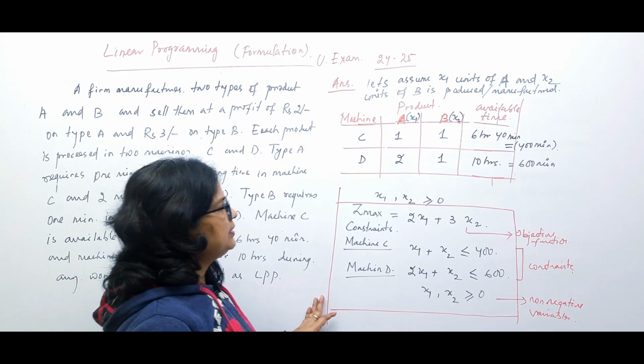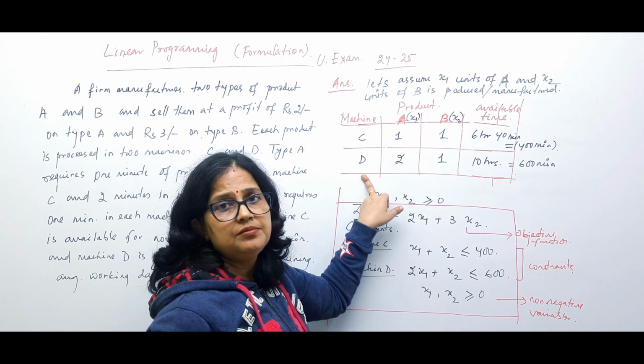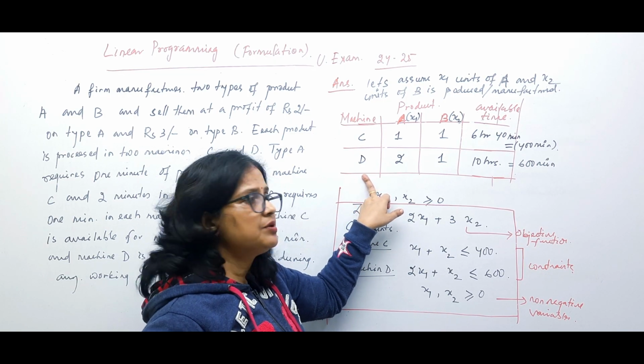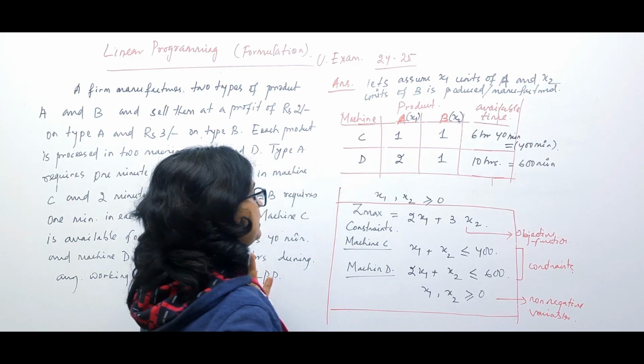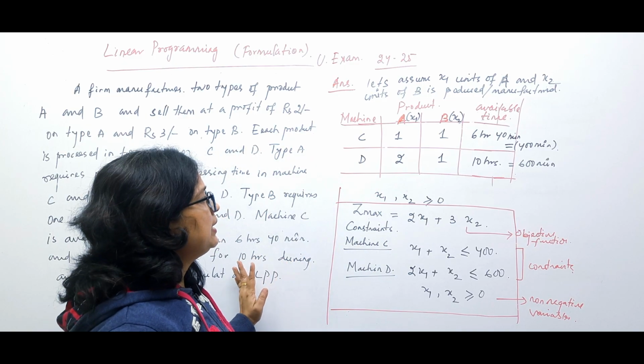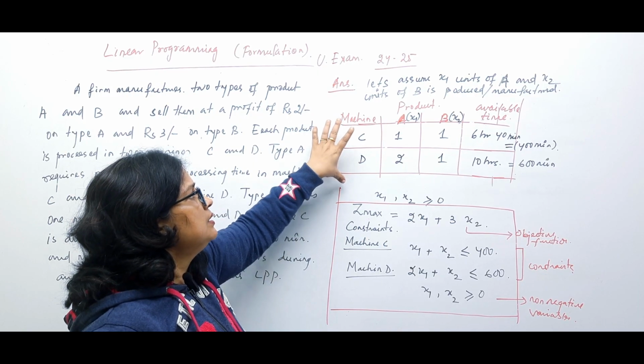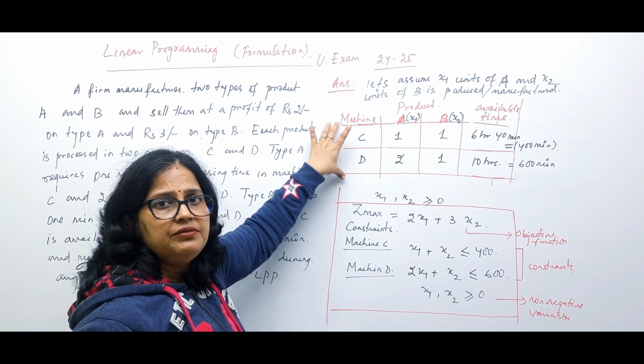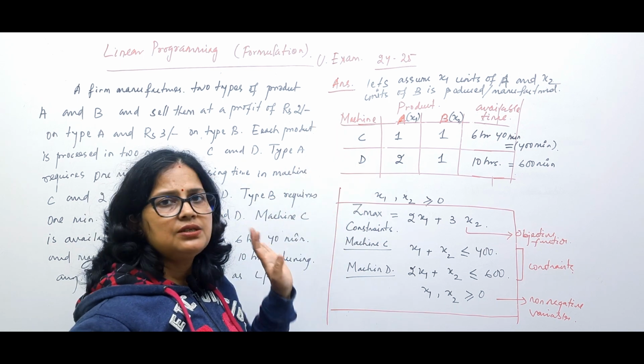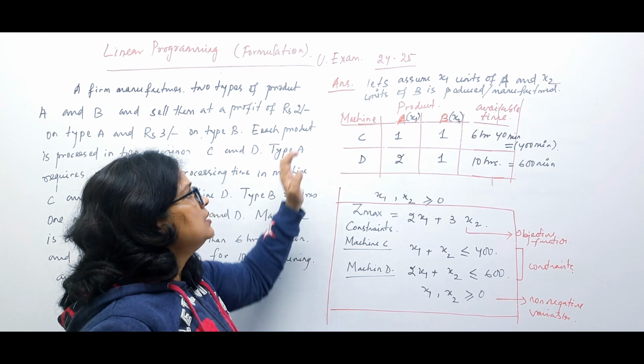So always try to express the linear programming formulation problem in a table, because it looks like a big problem, but when we write it in table form, it becomes a very convenient way to express it as a mathematical model.